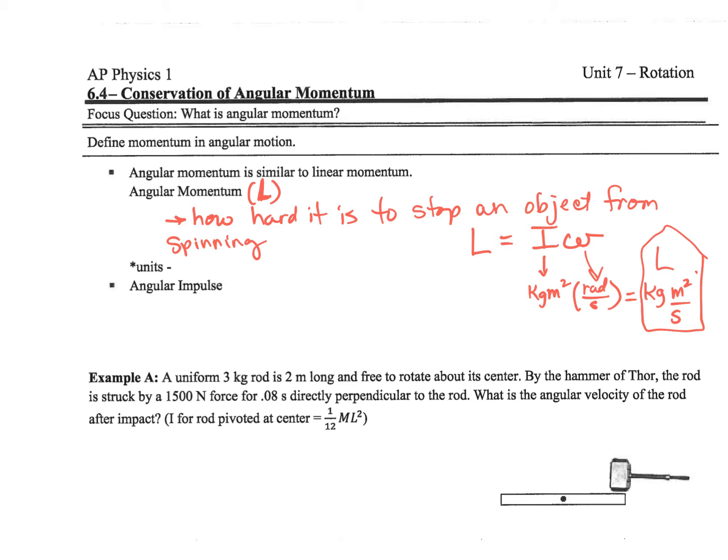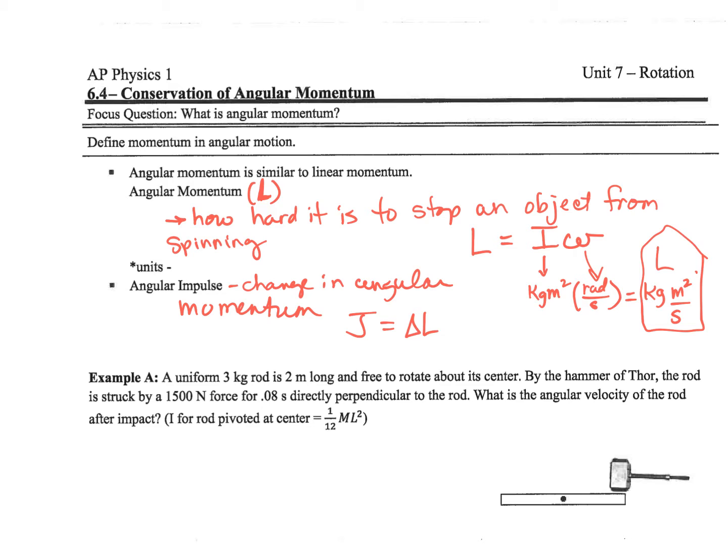Angular momentum is then change in what? Angular momentum, yeah. So angular impulse is the change in angular momentum. J is equal to delta L.